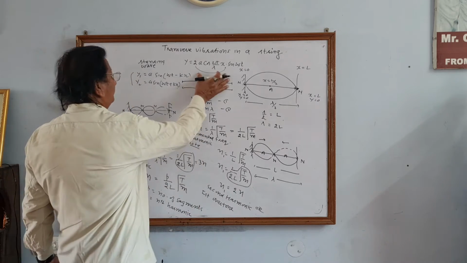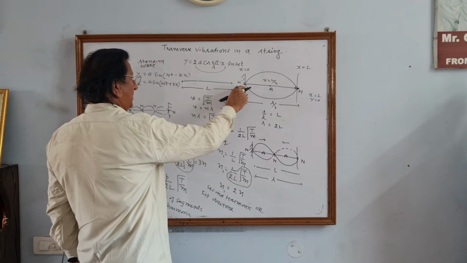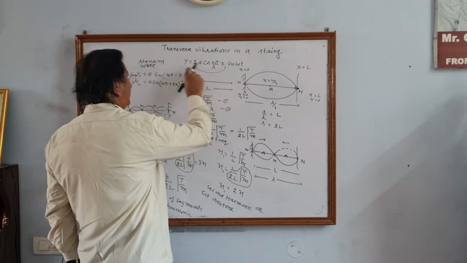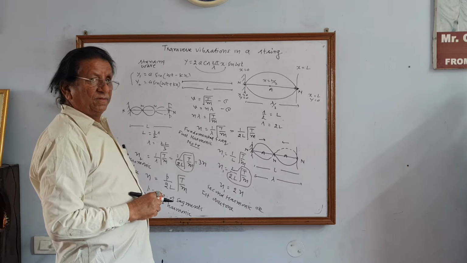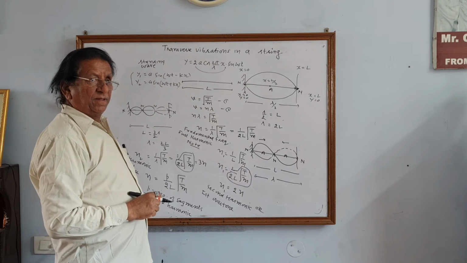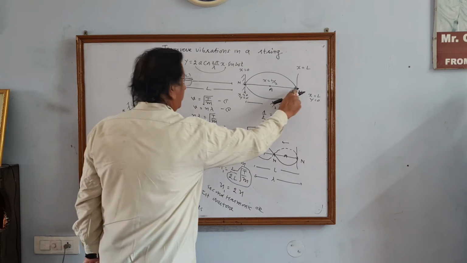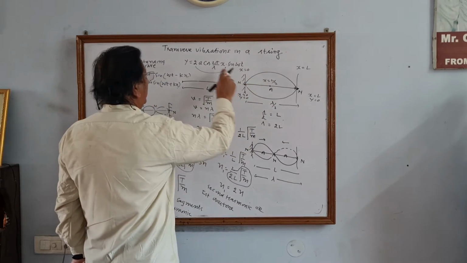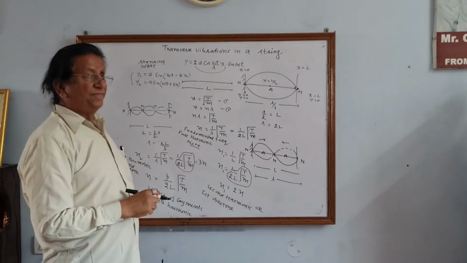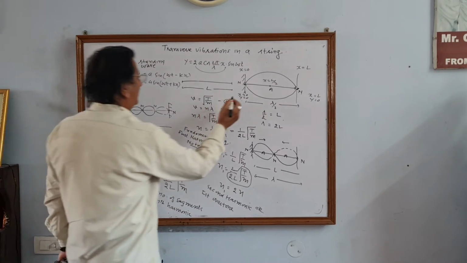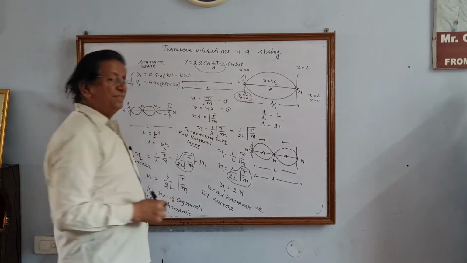According to this, if this is a node, it means here displacement y is zero. And here x is equal to L, but here also y is zero. Here x is zero, y is also zero.